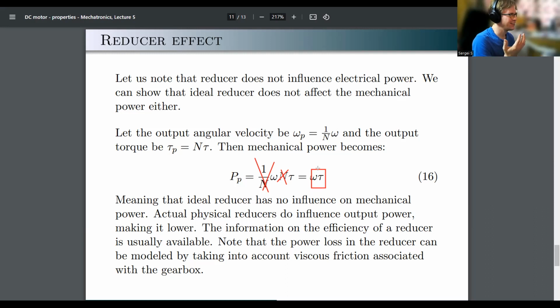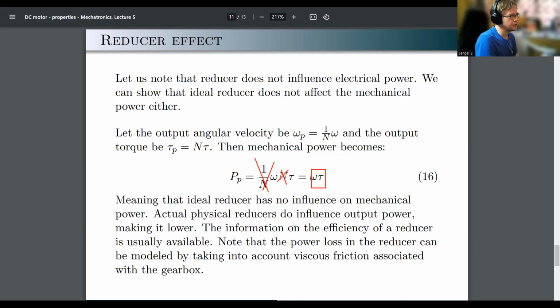Any machine can only decrease power. It can increase torque, but can only decrease power. So you cannot produce power out of thin air, and machines in particular don't do that. But they can increase torque, and that is good enough for us.